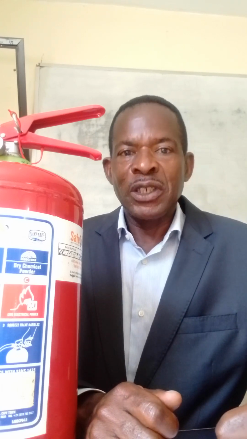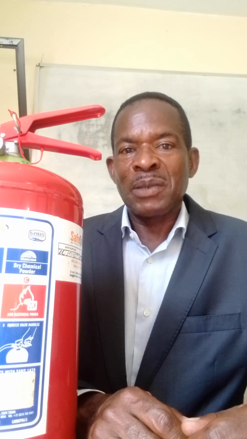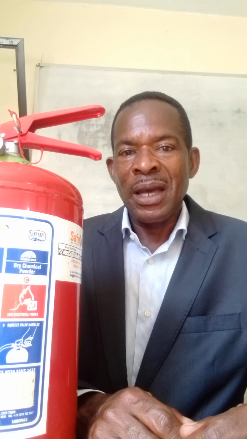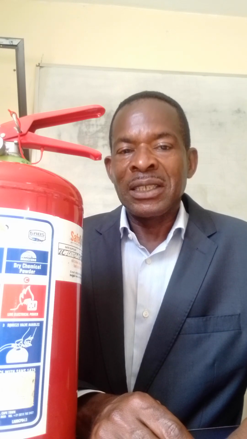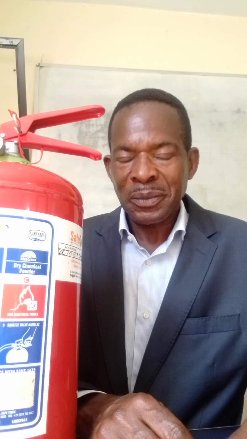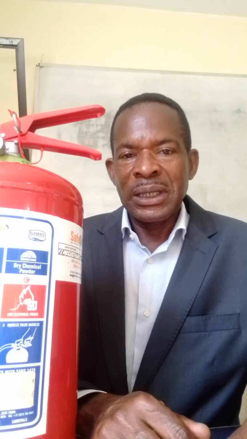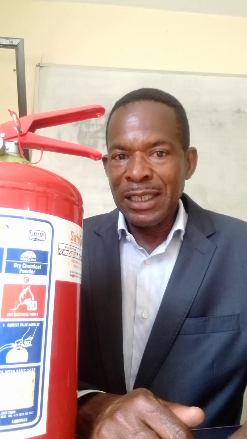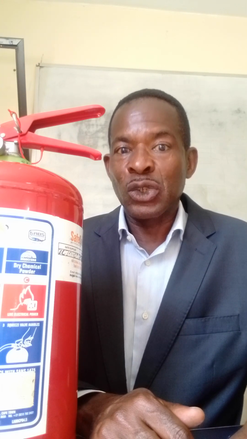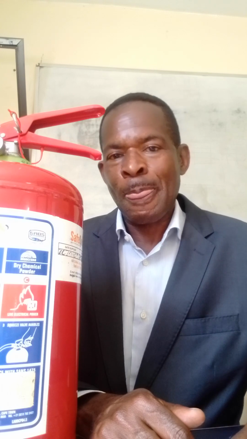Objective number 1, security officers must be able to know how to operate a fire extinguisher as well as to follow the safety precautions. Number 2, the security officer must be able to identify the whereabouts of firefighting equipment on a site, and the importance of knowing that as soon as you report on duty.